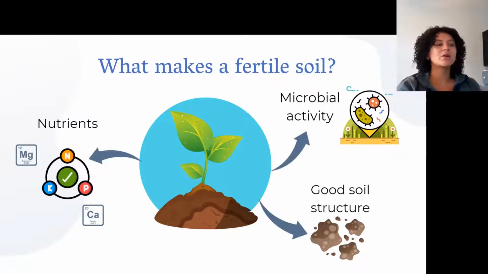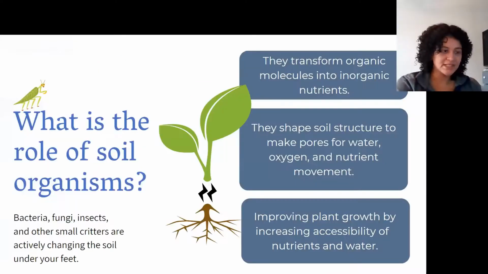And so the idea was to see microbial activity, and with that, all the roles that microbes have in the soil and organisms like arthropods and all of that, and how they shape the soil structure to make it ideal for plant growth, and how to make it resilient and prevent water contamination, especially with applying manure.